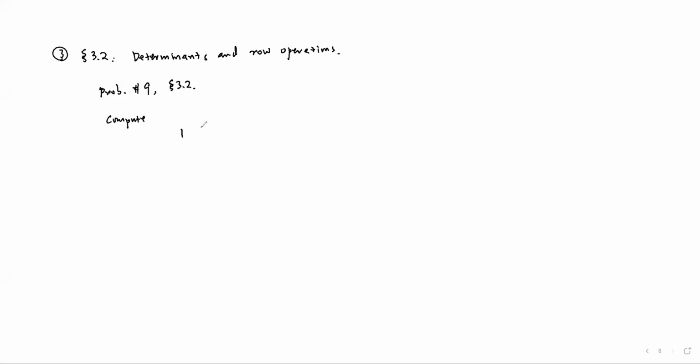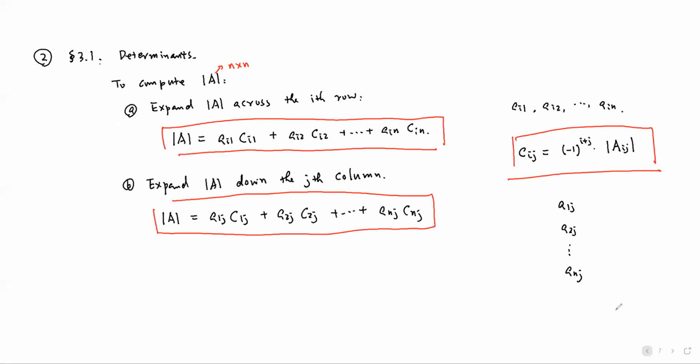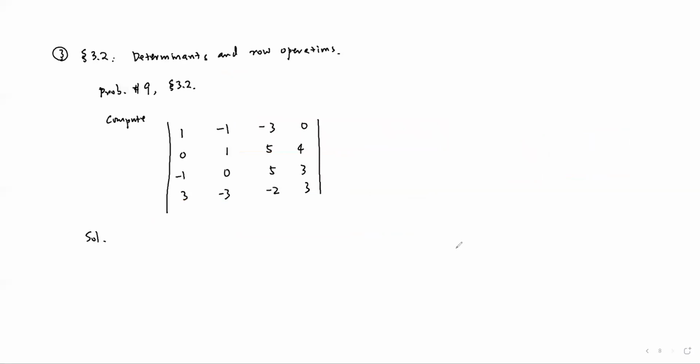Compute this determinant: 0, 5, 3, 3, -3, -2, 3. According to this problem, don't use the formulas here. These formulas we call the cofactor expansion formula. We don't use cofactor expansion, but use row operations.